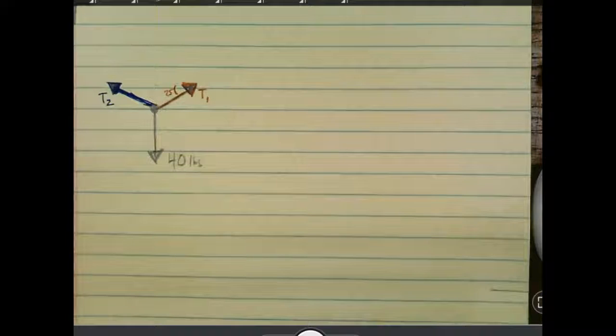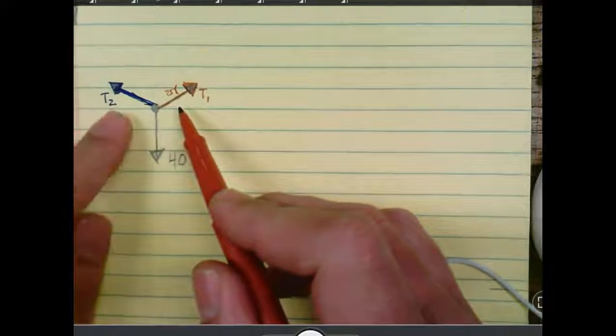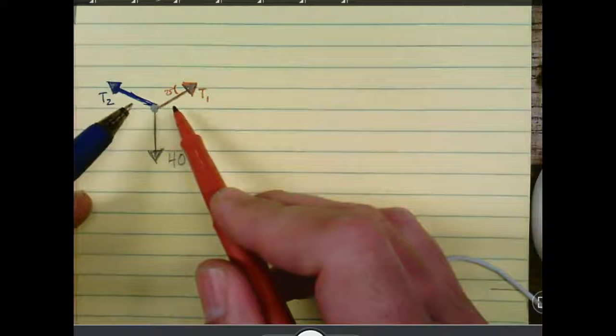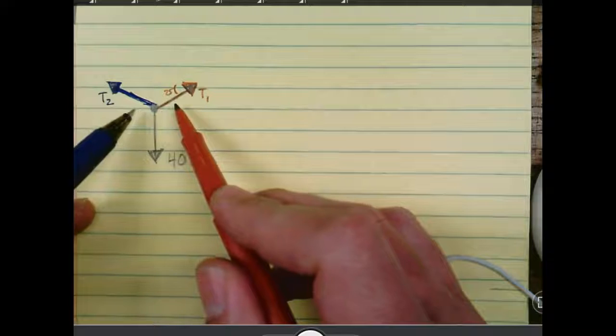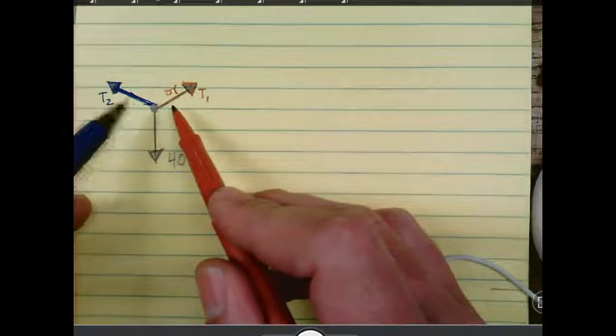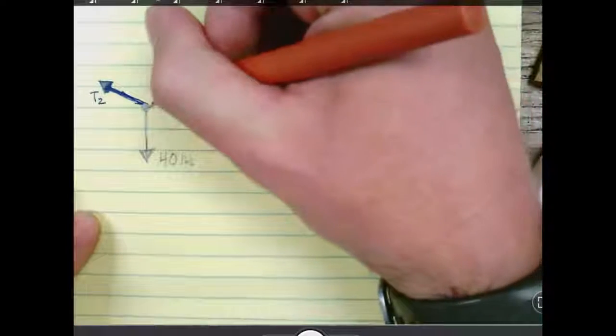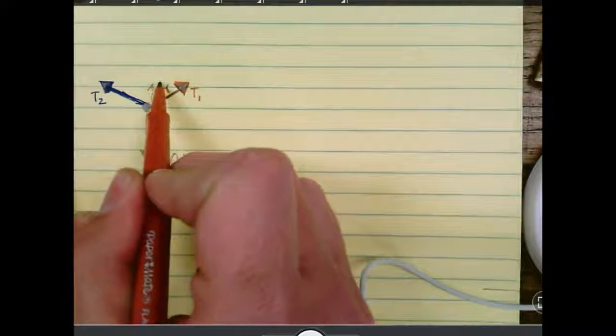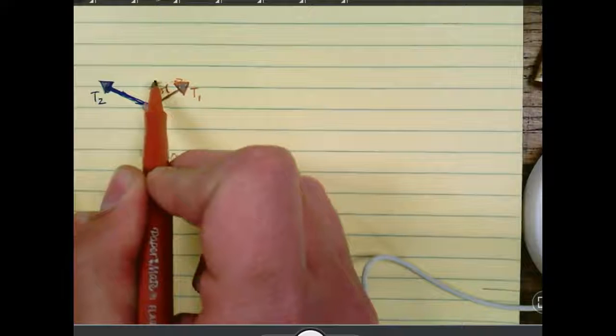What I can tell you to help you along here is that gravity is pulling this thing down, so both T1 and T2 are pulling it back up. But all of T1 is not pulling it up, and all of T2 is not pulling it up. As we discussed in class, T1 has two components: this vertical component right here, which would be its Y component, and its X component.